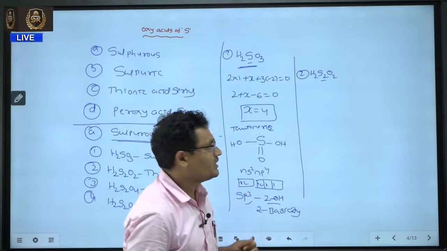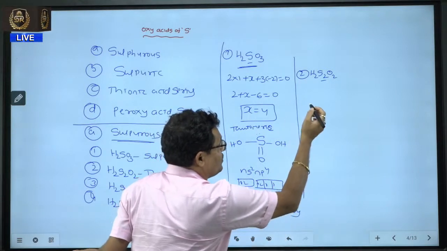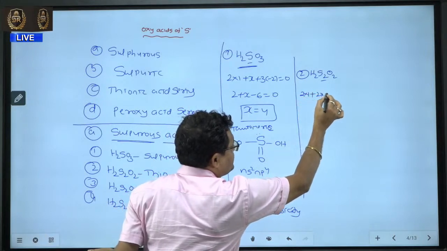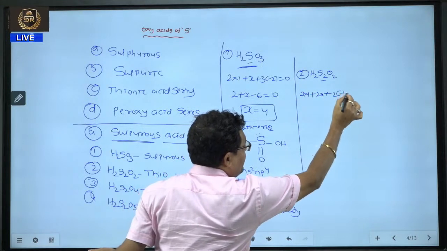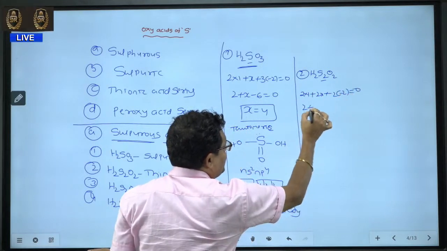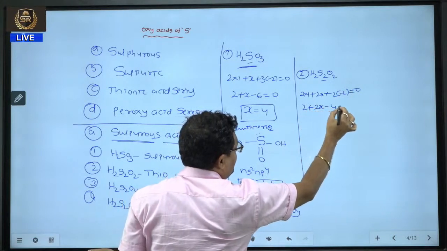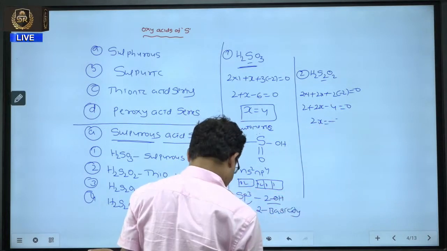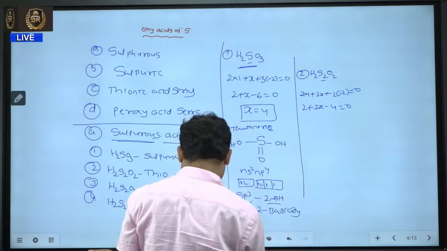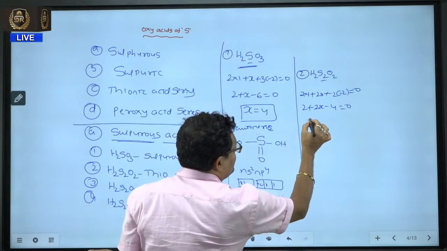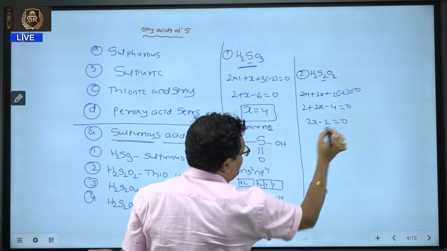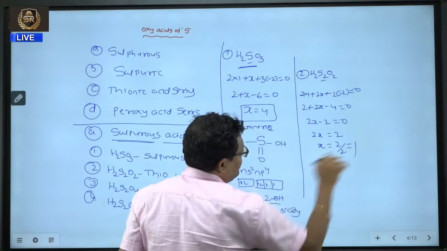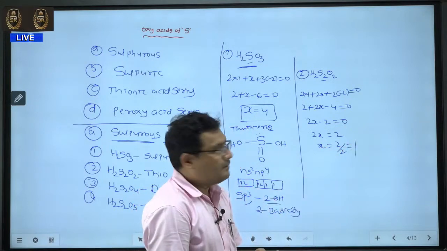In this one, first we find the oxidation state. So how to find it? 2 into 1 plus 2x plus 2 into minus 2 equal to 0. 2 plus 2x minus 4 equal to 0, so 2x minus 2 equal to 0, 2x equal to 2, x equal to 1.